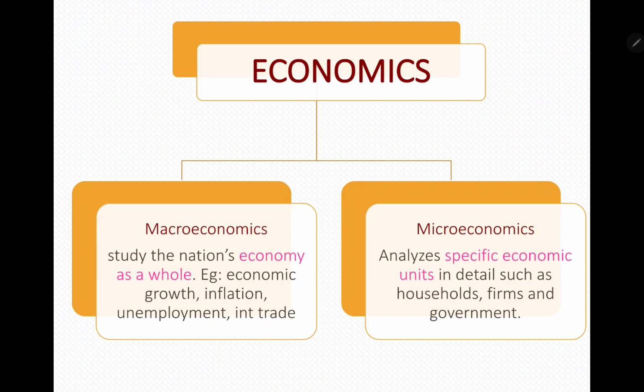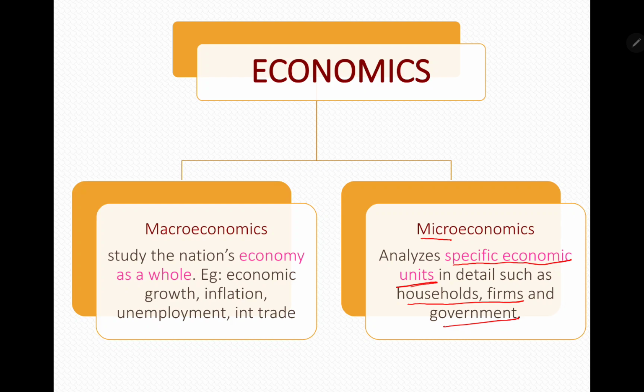So economics itself can be divided into two, which are microeconomics as well as macroeconomics. Micro means small. So microeconomics will focus on the specific units in the economy, at the household level, firms and government.